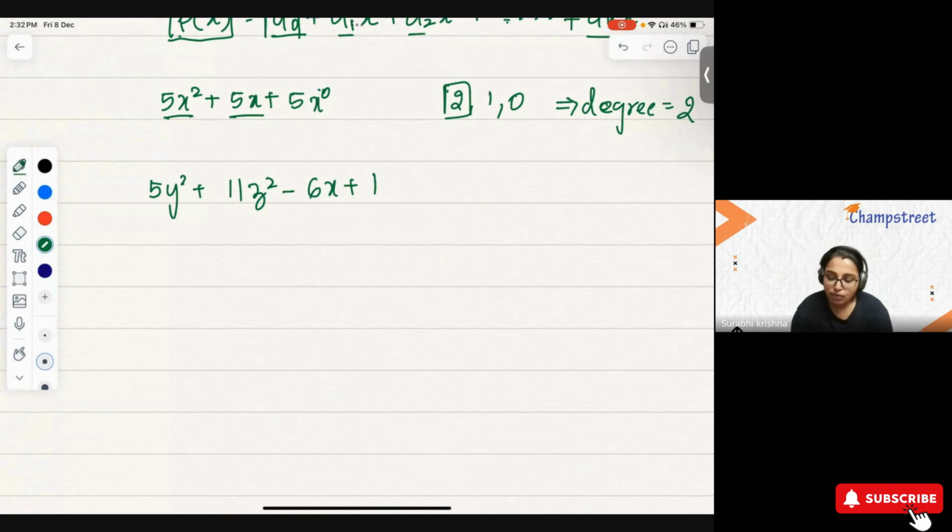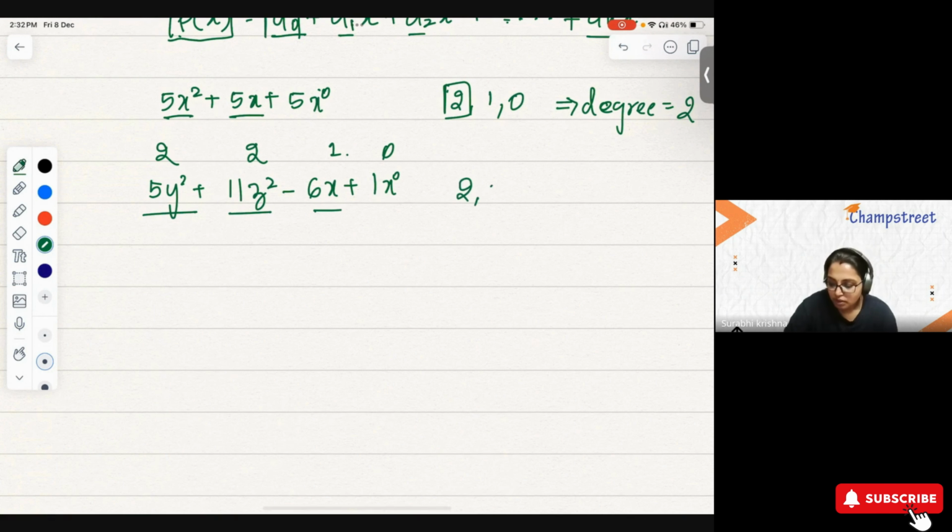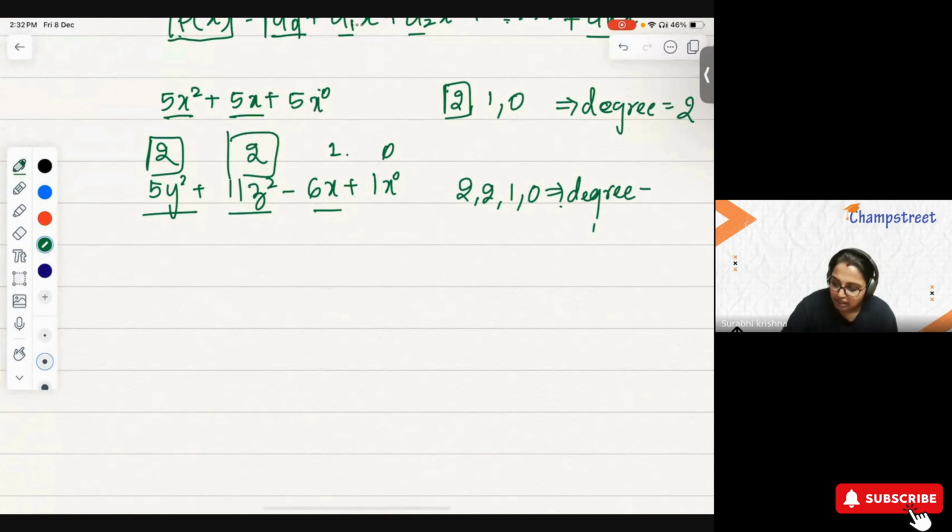Now, if you want to see the degree, this term has a degree 2. This term has a degree 2. This has degree 1 because the power of x is 1. And this is 0. Among 2, 2, 1, 0, the highest is 2, either this 2 or this 2. It will be the same. So degree is equal to 2 again.